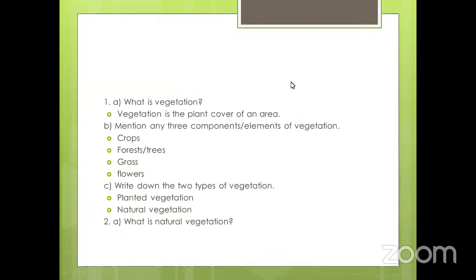So, yes, Dan. What is natural vegetation? What is natural vegetation? Wonderful. Yes. You can tell us the definition of natural vegetation.